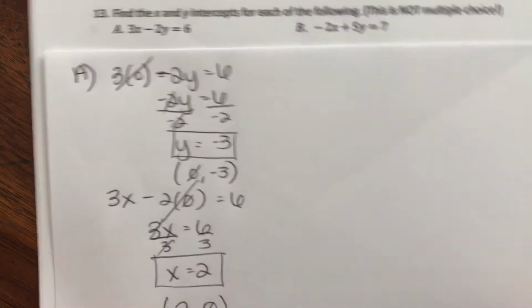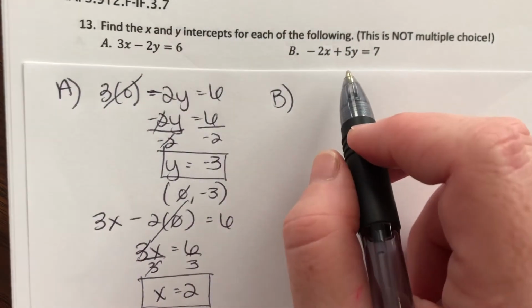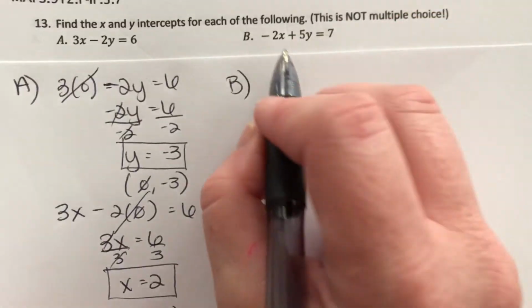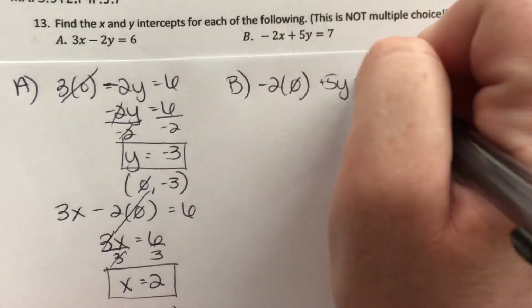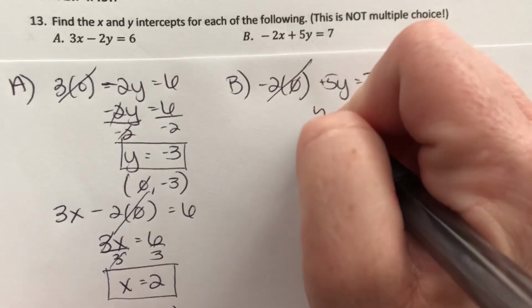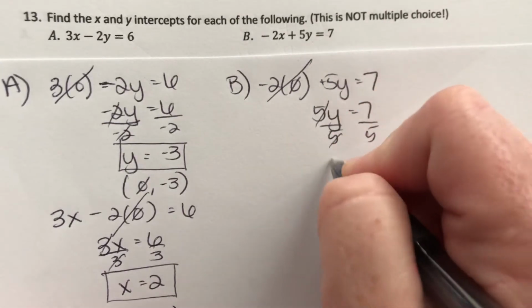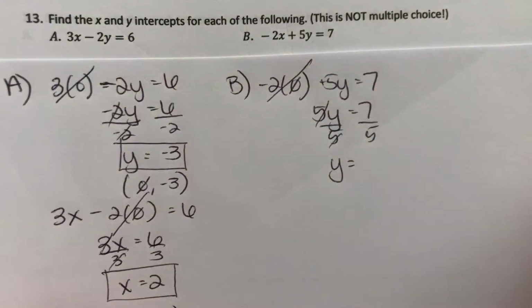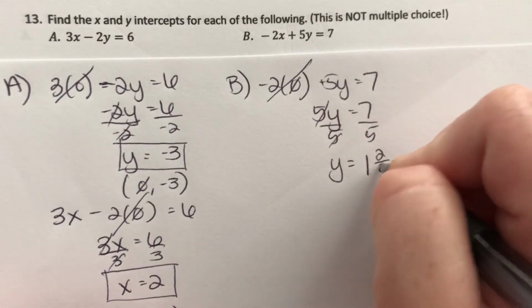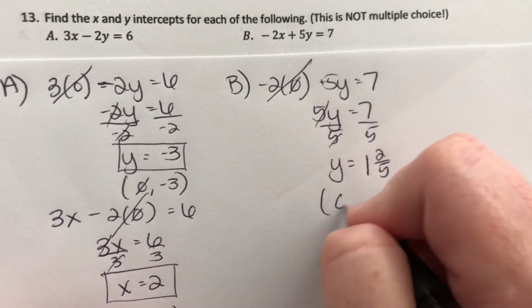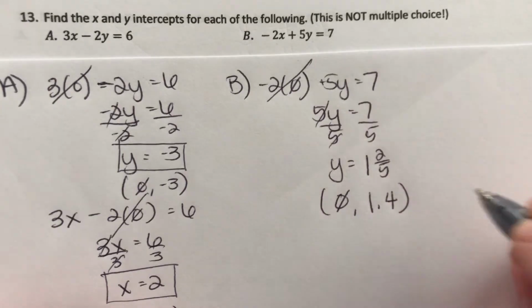All right, and then for b, I'm going to solve it the same way. Negative 2x plus 5y equals 7. I'm going to plug a 0 in for x to solve for y. And this goes away, so 5y equals 7. Divide by 5, divide by 5. Y equals 7 over 5, or you can change it to 1 and 2/5. Right, so our y-intercept would be 0, 1 and 2/5 or 1.4, however you want to write that down.